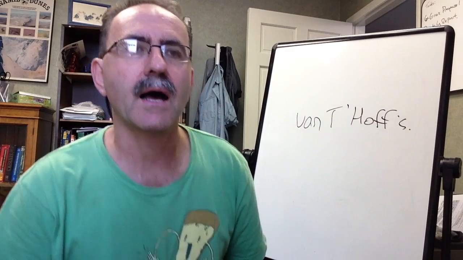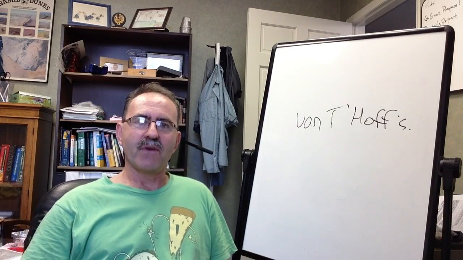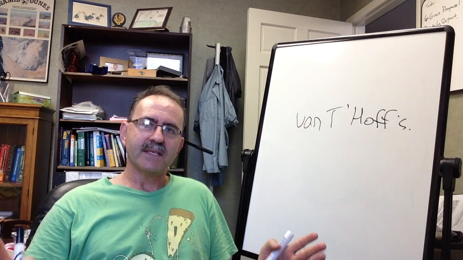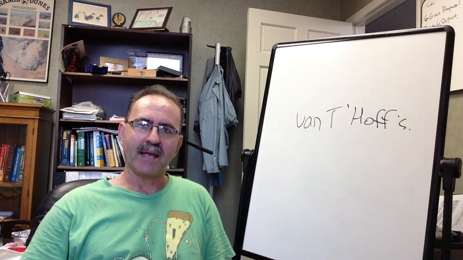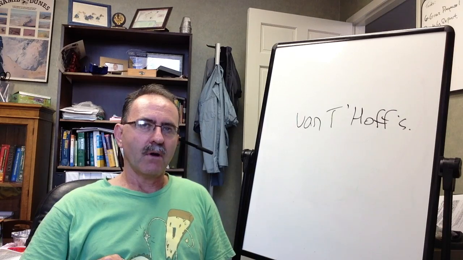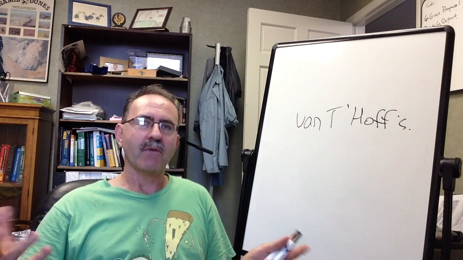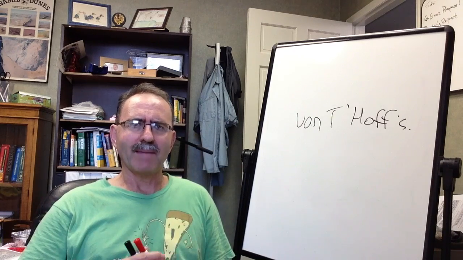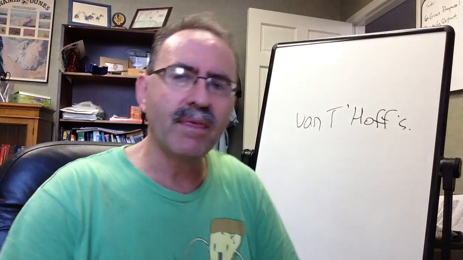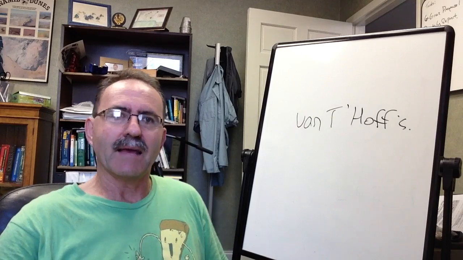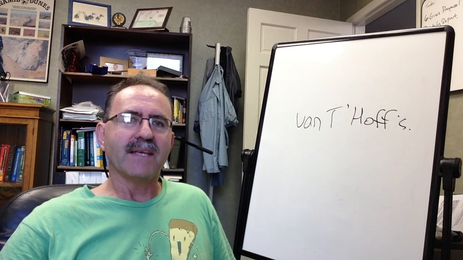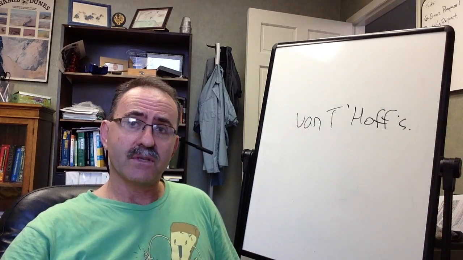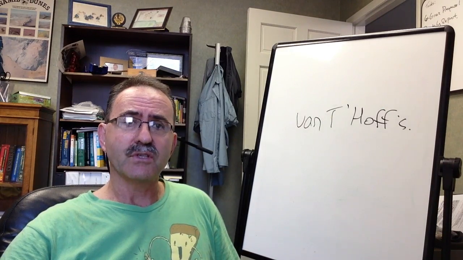Van't Hoff's law basically says that for every 10 degrees C increase in temperature, you're going to have a doubling of the rate of reaction, a doubling really of organic activity in terms of organic metabolism. And I would think that also applies to basic chemical reactions. So it's going to influence the rate of reactions in soil. It's going to actually influence the rate of organic matter accumulation in soil.